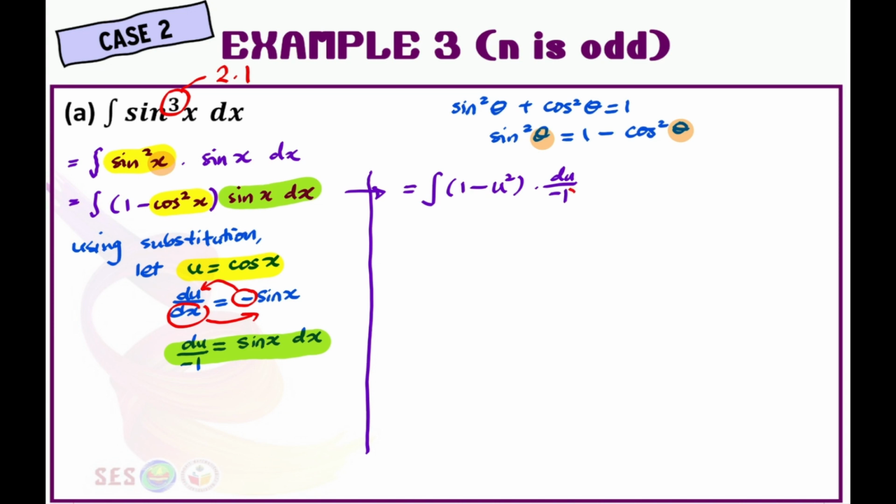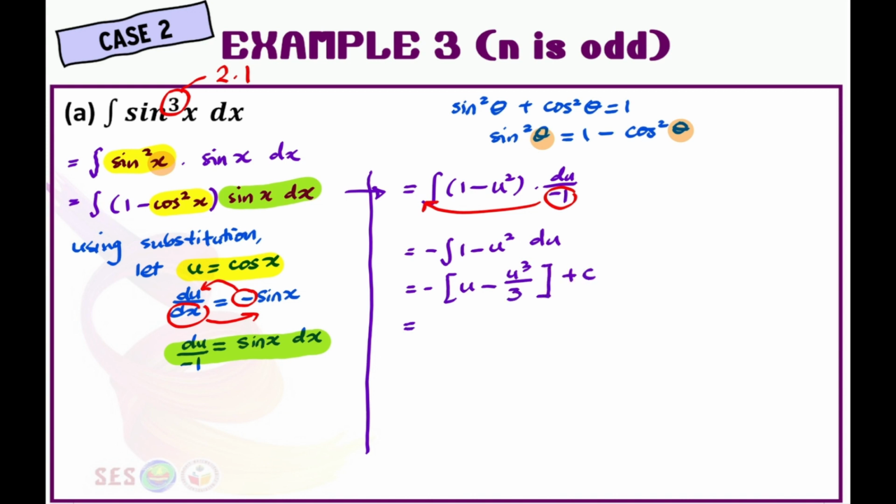So I transfer negative 1 outside, and I will have negative integrate 1 minus u squared du. Now we can directly integrate: integrate 1 will get u, minus integrate u squared will get u cubed over 3. Don't forget plus c.